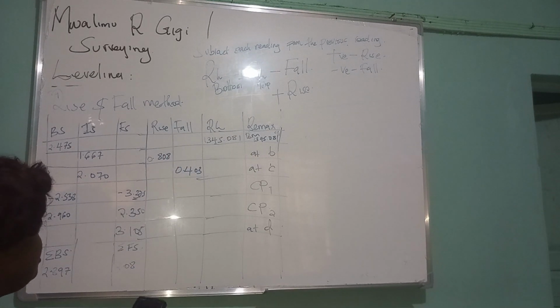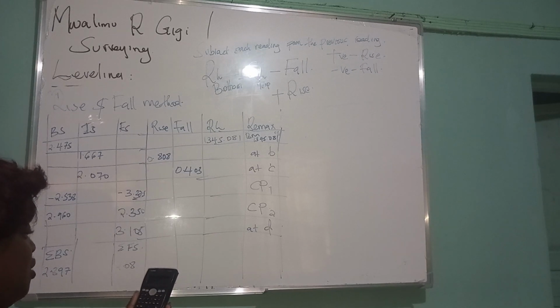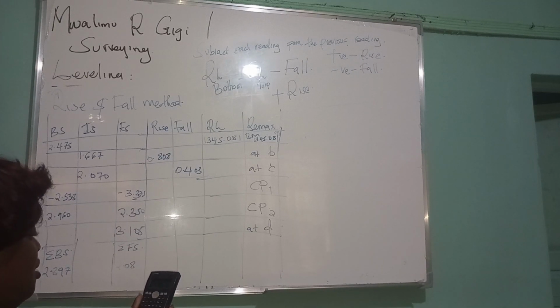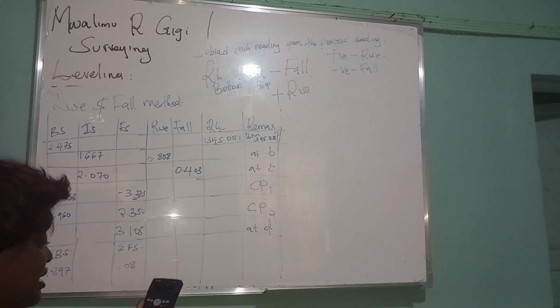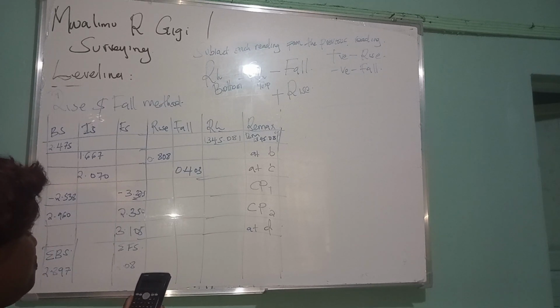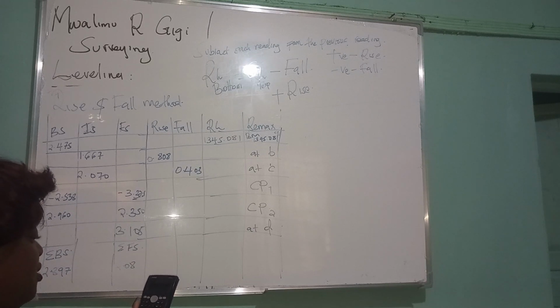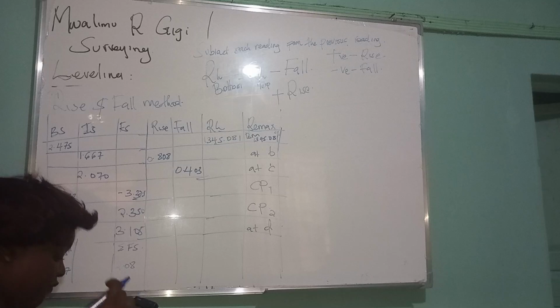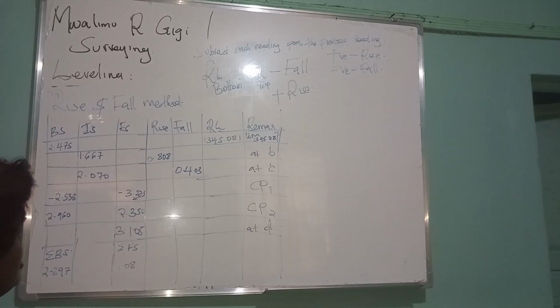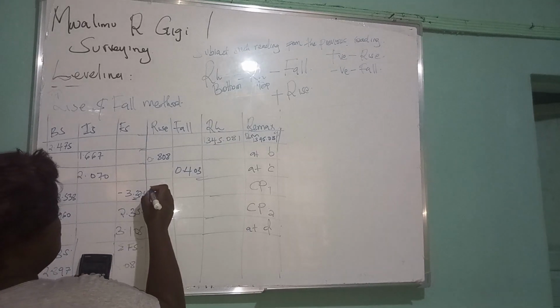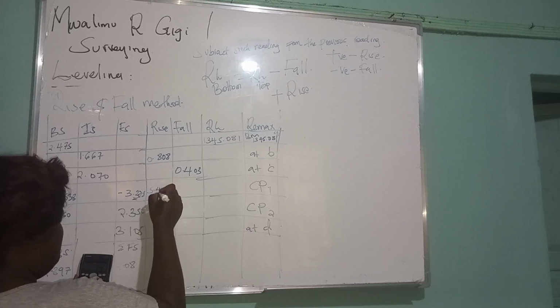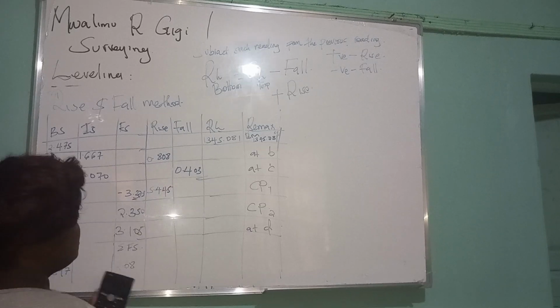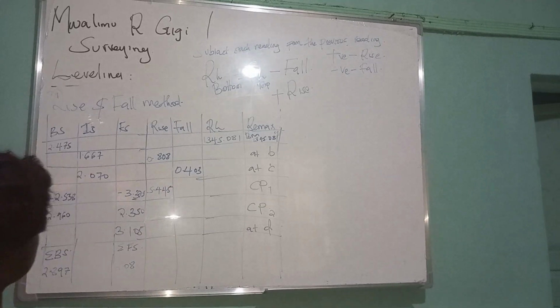So we go to next, 2.070 minus negative 3.375. So it is 5.445, which is a positive. It is a rise. Then we go to next.